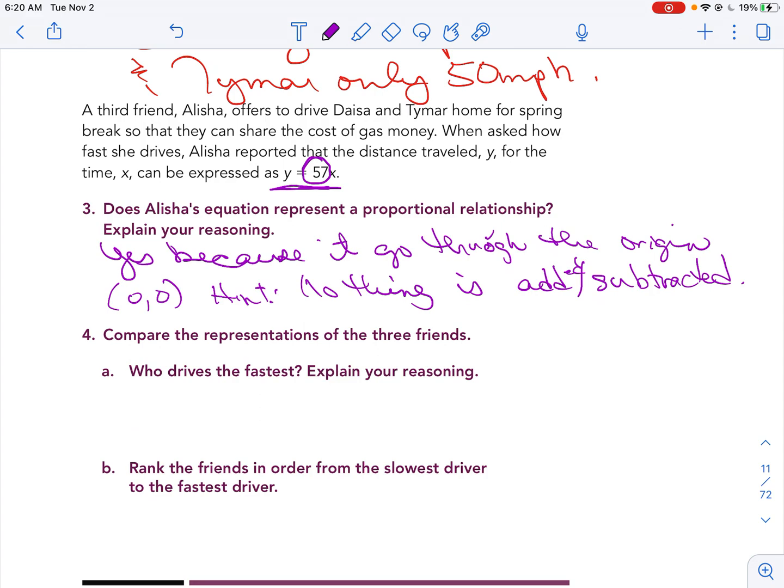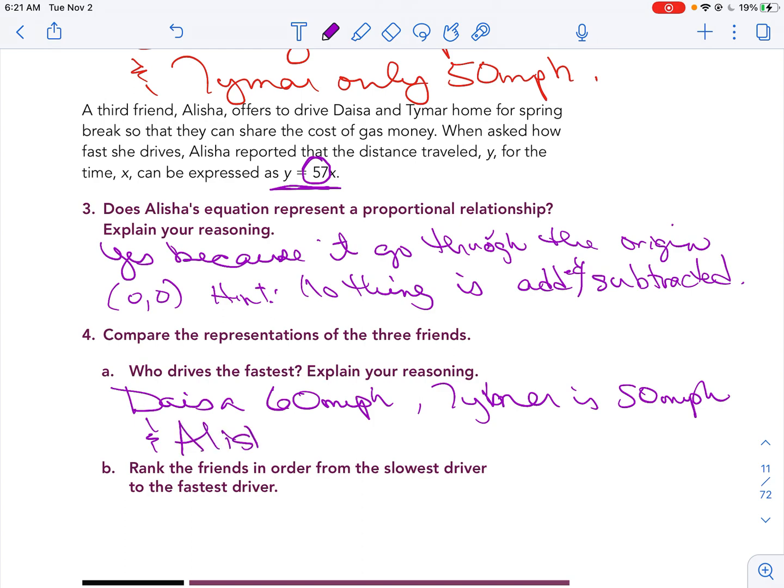Who drives the fastest? Okay, so Daisy drives the fastest. Daisy goes 60 miles per hour. Timar is 50 miles per hour.